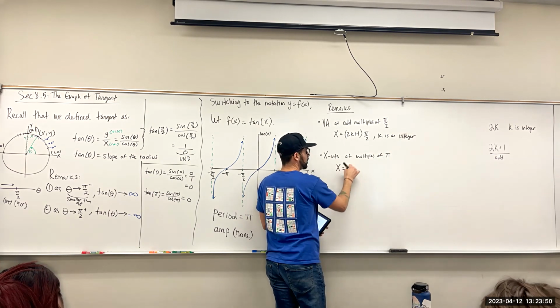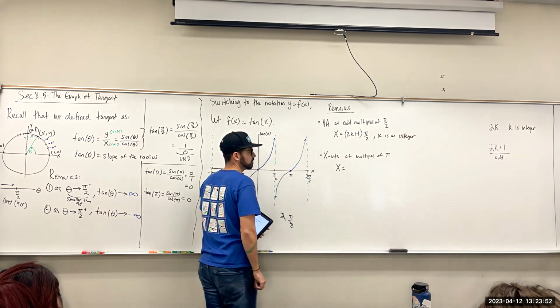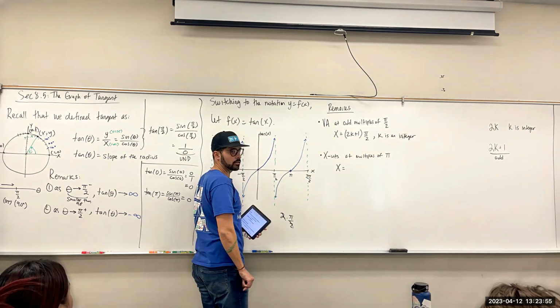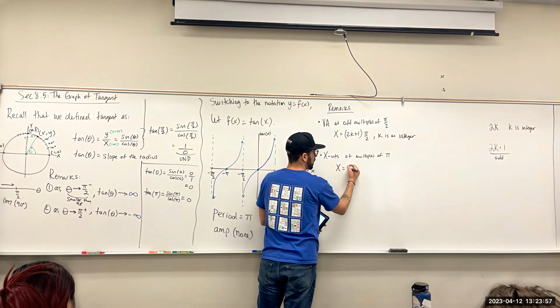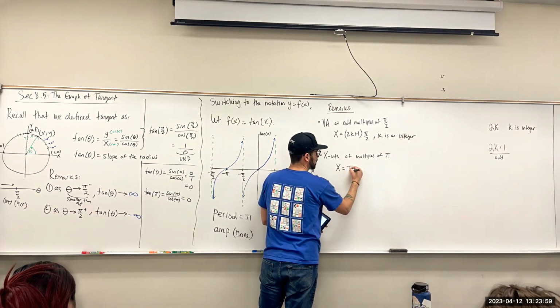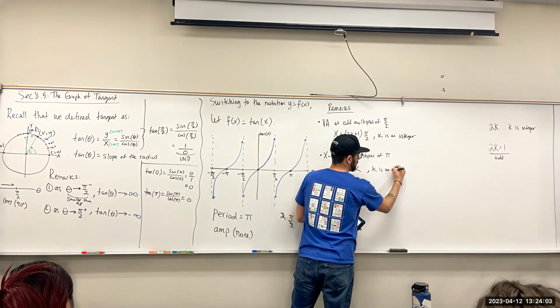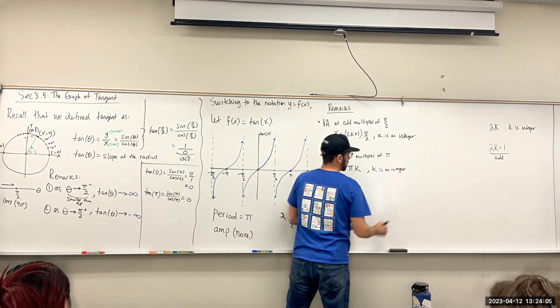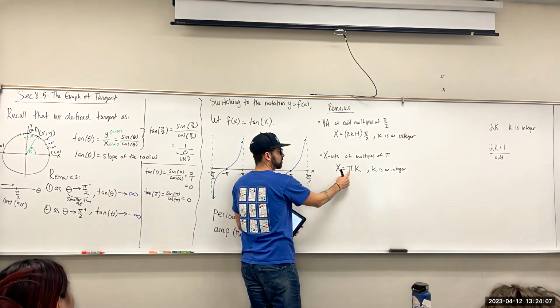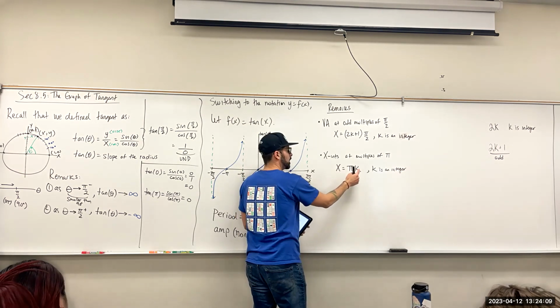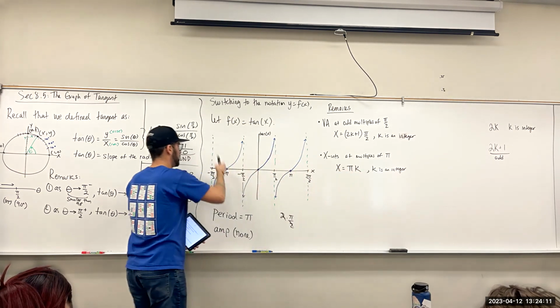How would I write that with this k notation? Pi k, or k pi, however you want to say it, where k is an integer. So negative 1 pi, negative 2 pi, negative 3 pi, and so on.